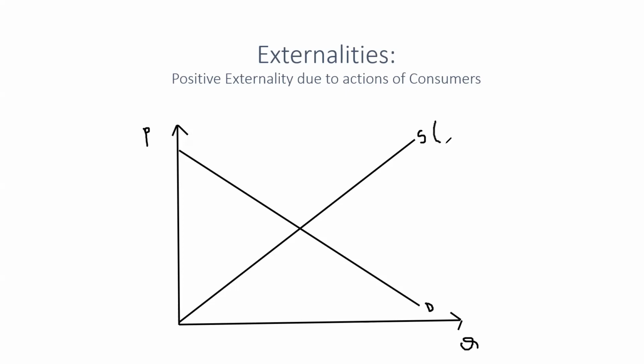And let us write what this means. Now, this means something. This is a private. I'll tell you what it is. This is a private cost or benefit.